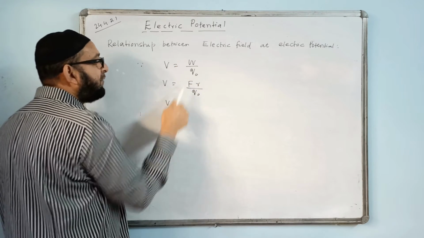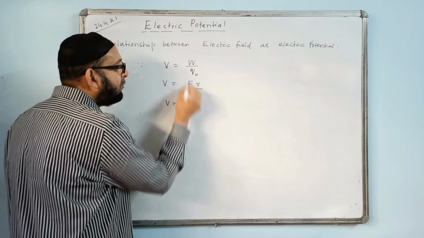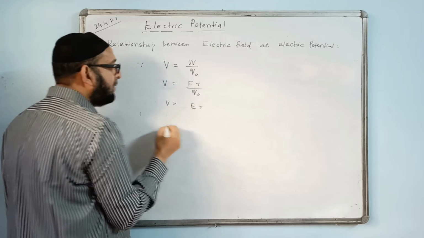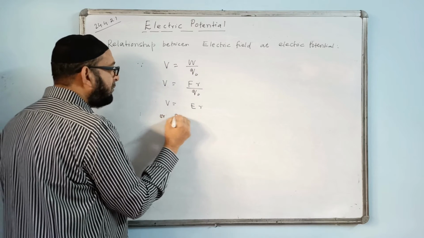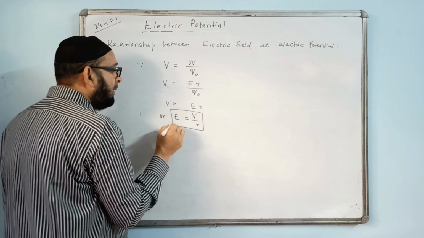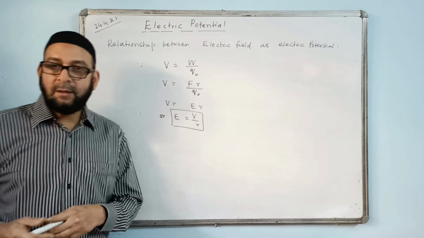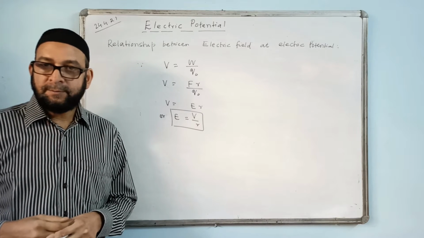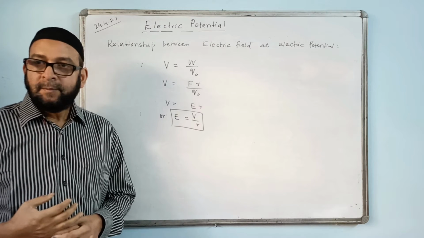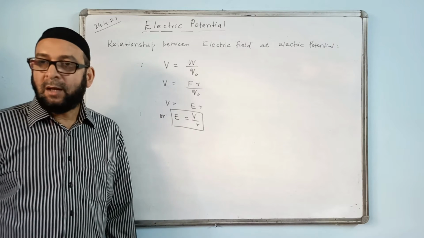V is equal to F by q naught into r, and F by q naught becomes E, so it becomes E r. Or we write here E equal to V divided by r. The electric field formula we have is V upon r, electric potential. E equal to V upon r.